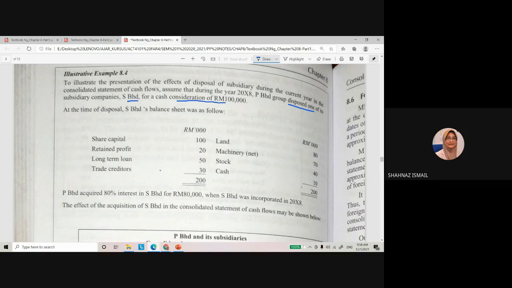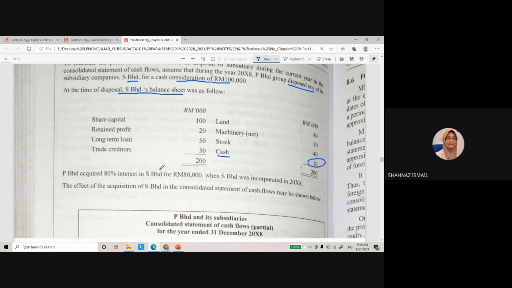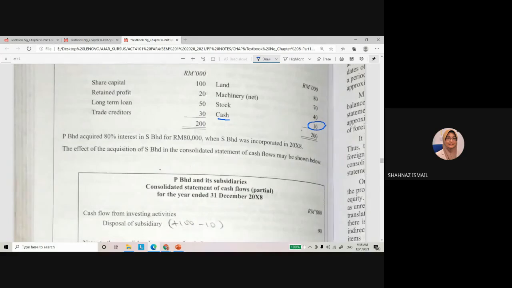Cash consideration yang diterima adalah 100,000 dan ini adalah S Berhad's balance sheet. Okay, ada share capital ataupun ada equity, liability dan juga asset. Dan kita tengok kat sini, cash yang ada dalam S Berhad adalah sebanyak 10K. Okay, right. Dan P Berhad acquired 80% interest in S dan investment dia sebelum ni adalah sebanyak 80,000.